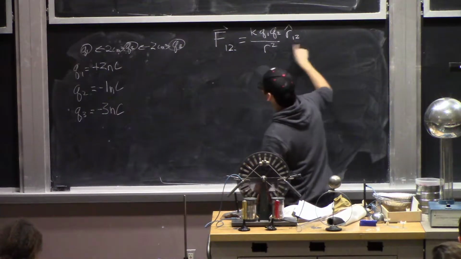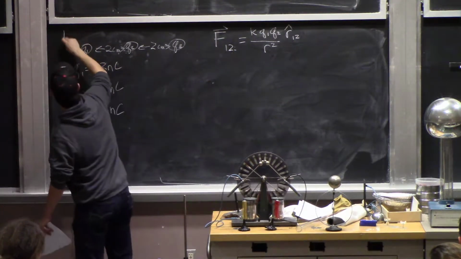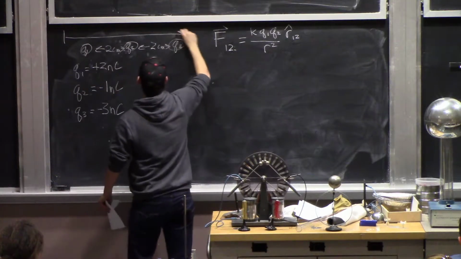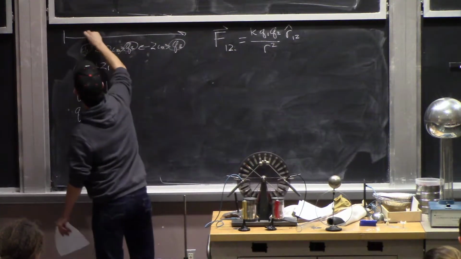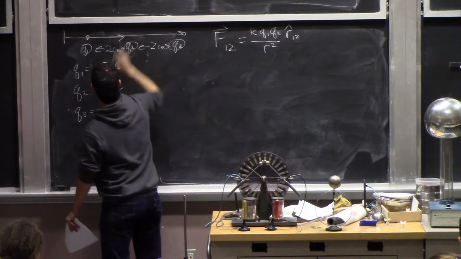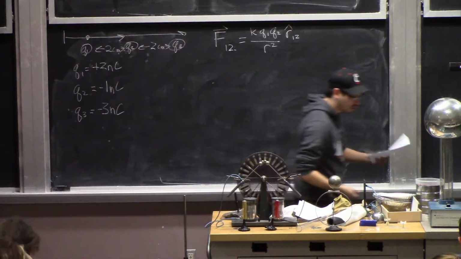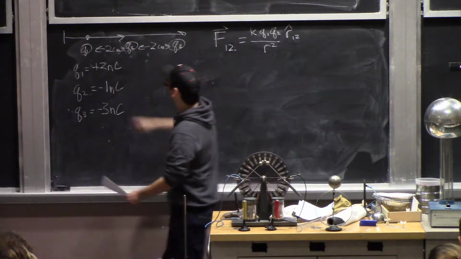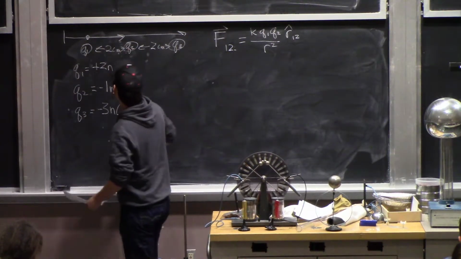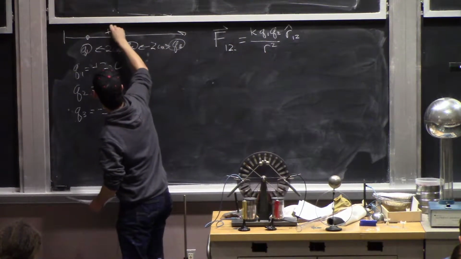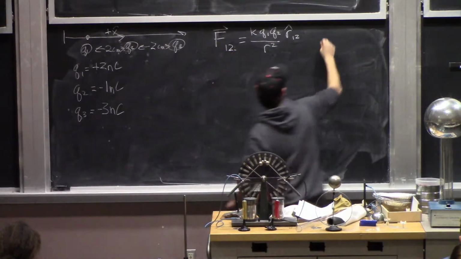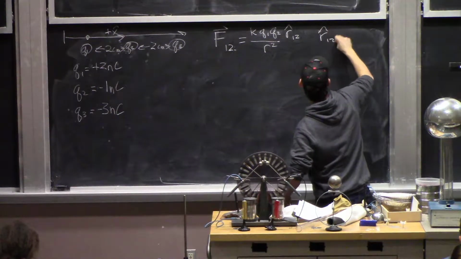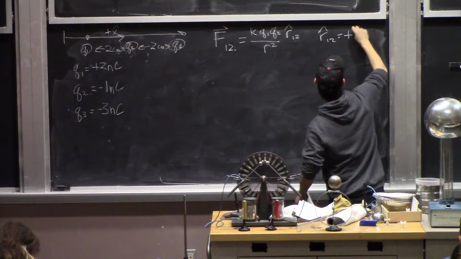We also know that the unit vector that points from Q1 to Q2, if I'm doing method 2, that's what this means. It always means the unit vector that points from Q1 to Q2, irrespective of whether it's a positive or negative charge. It's always from 1 to 2. So to go from 1 to 2, this is the positive x direction, so R hat 1,2 is going to be a positive x hat.